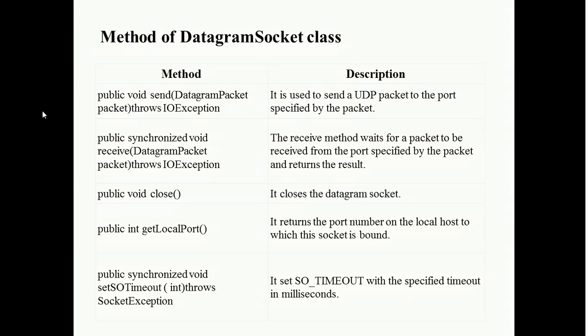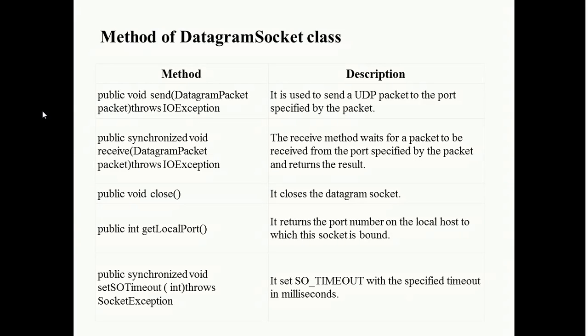Public synchronized void receive, DatagramPacket. This receive method waits for the packet to be received from the port specified by the packet and returns the result. Third method is close.